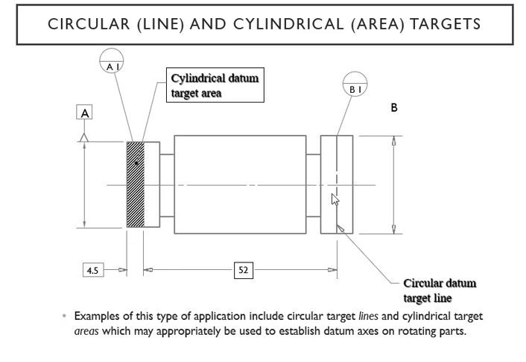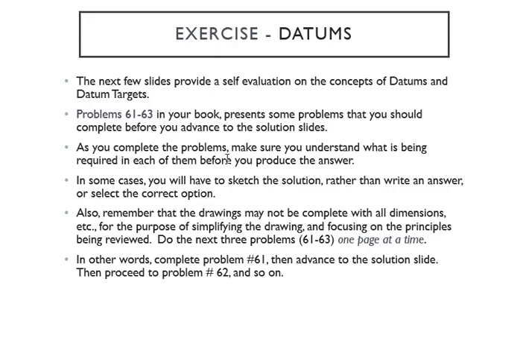And then put your section line, and here are your datum target lines right there. So here you can see the circular target lines and cylindrical target area, that's right here, to establish your datum axis on the rotating parts. So that's your cylindrical datum target area, and here is your circular datum target line. If you can spot it, you're pretty good, yeah.